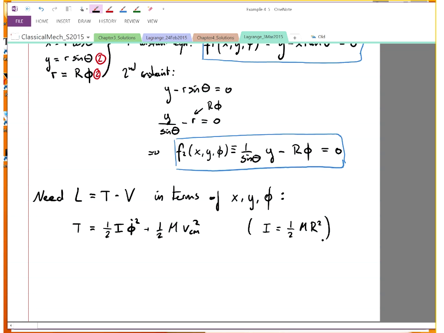Okay? There's a hoop. So the moment of inertia of a hoop is a half m r squared. Right? The kinetic energy is going to be a half. Oh, that's wrong. No, I'm sorry. The moment of inertia of the hoop is m r squared, right?